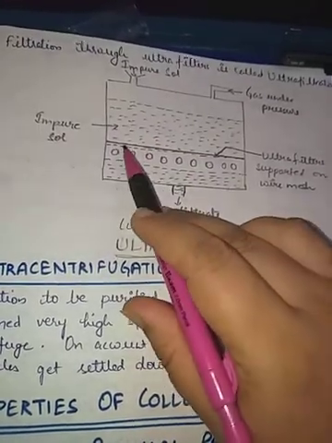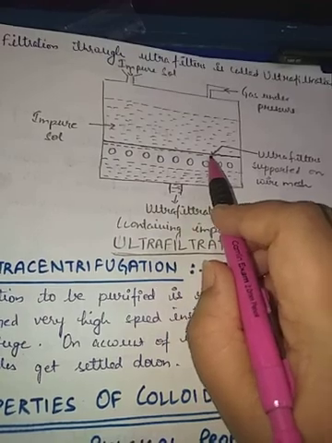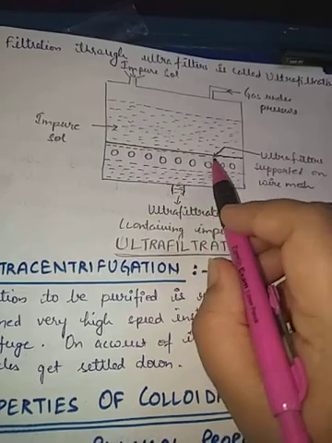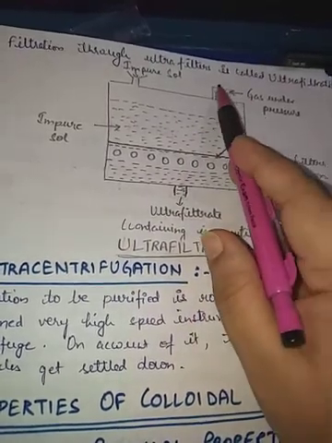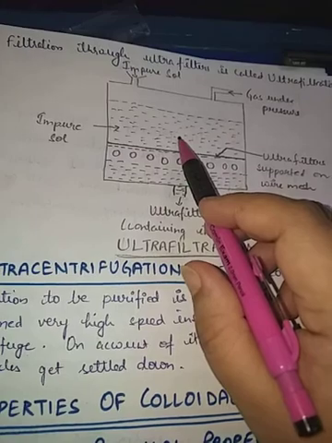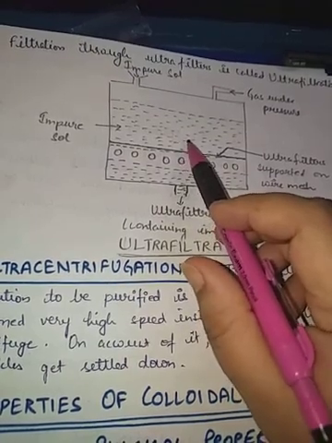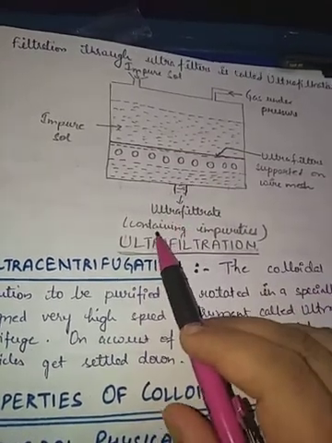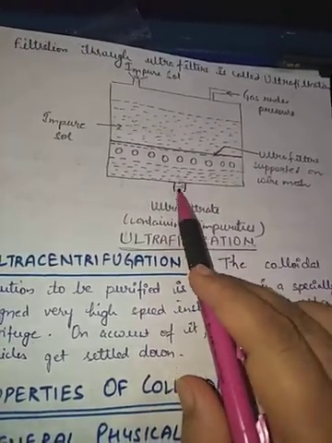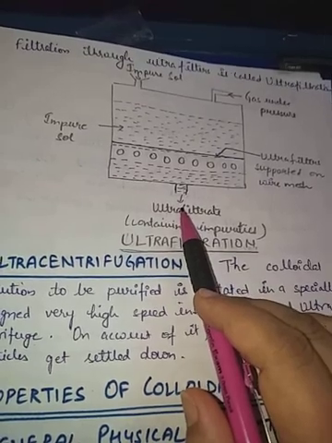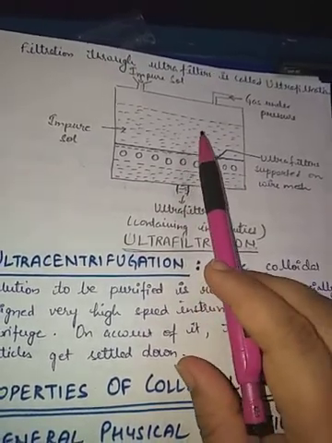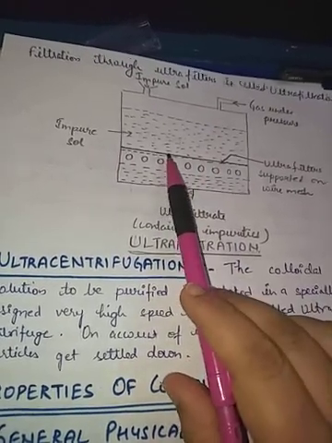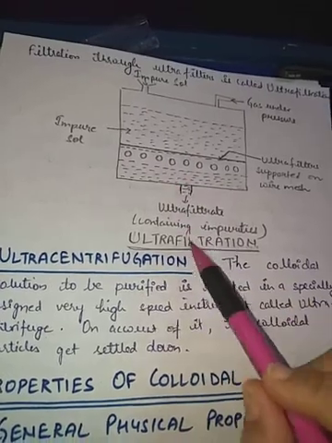This darkened line is the ultra filter, which is supported on a mesh, and when gas under pressure is applied here, the impurity particles from this sol come over here, and the ultra filtrate containing impurities comes out from here. It means the sol we obtain here will be purified. This is done using ultra filters, that's why it is called ultrafiltration.